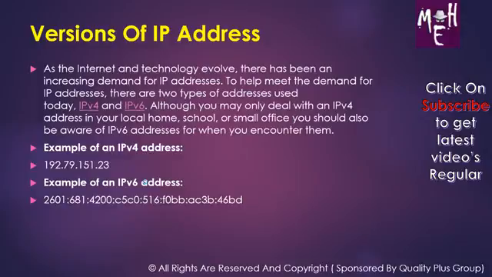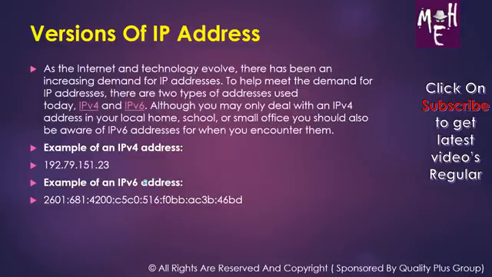Friends, most of us use the IPv4 version, and whenever we trace anyone, we see a number like 192.68.157.5. This is a version 4 IP address, and many times we will see examples.